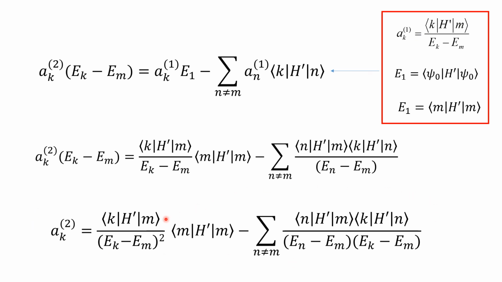If you go for third order and fourth order, it will get even more complicated. And as I said, since the lambda value is very small, you can ignore the higher orders of lambda. So this is about the second order energy correction and the second order expansion coefficient.